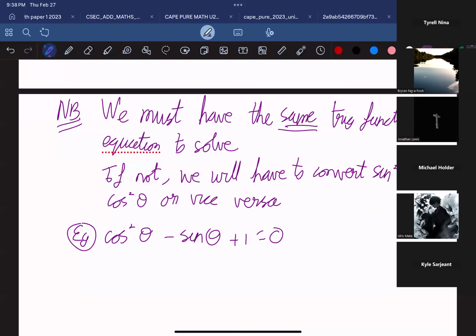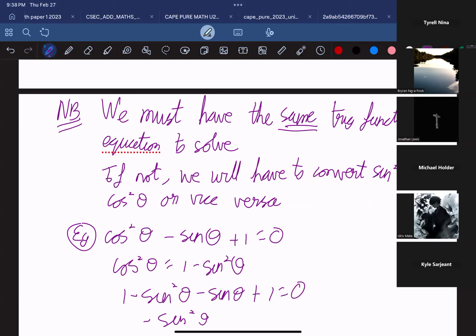So if you have something like this, you can't just let y equal cos theta because it won't work out with the sine theta. You'd have to do something like this. You'll have to know that cos squared theta is 1 minus sine squared theta. And you get 1 minus sine squared theta minus sine theta plus 1 equals 0, so minus sine squared theta minus sine theta plus 2 equals 0. And you could solve that. In the interest of time, I'm not going to solve it, but you get the idea. You have to make sure that whatever you're working out is the same trig function.